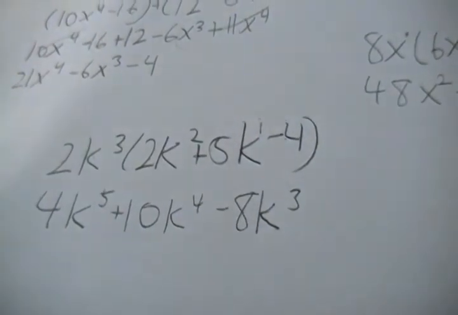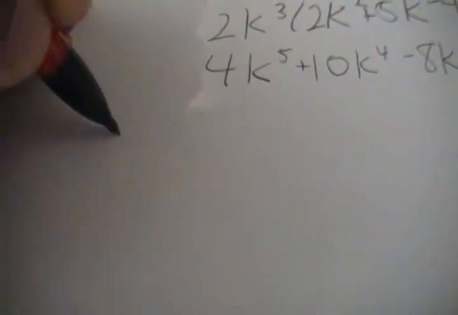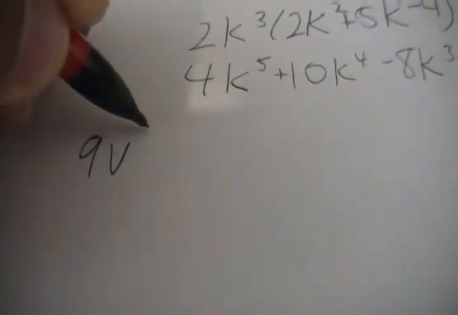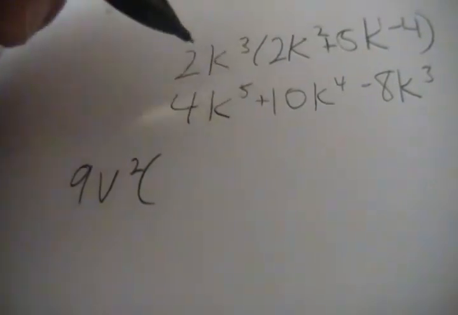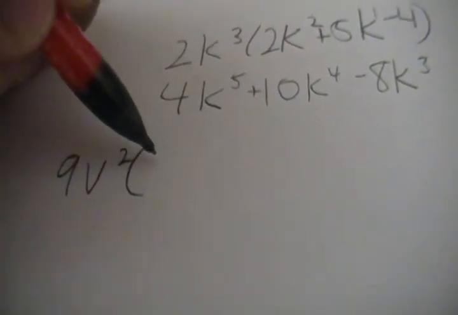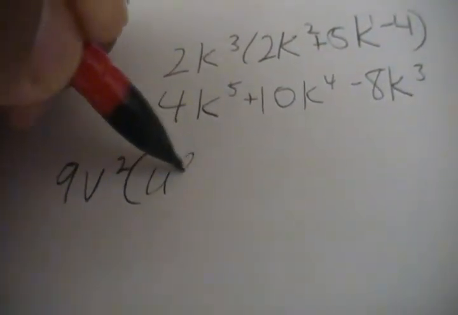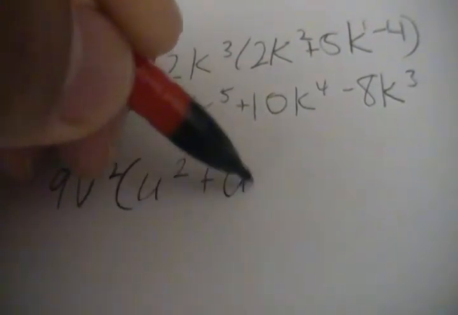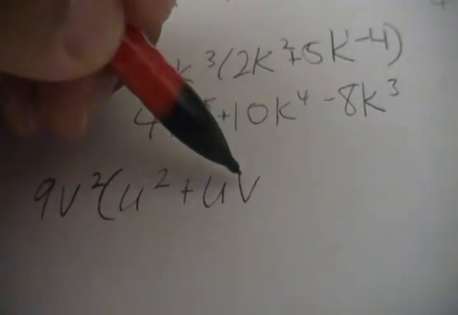Let's try one more. Let's try 9v squared times u squared plus uv minus 5v squared.